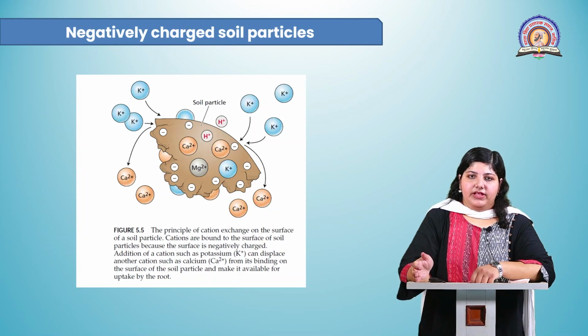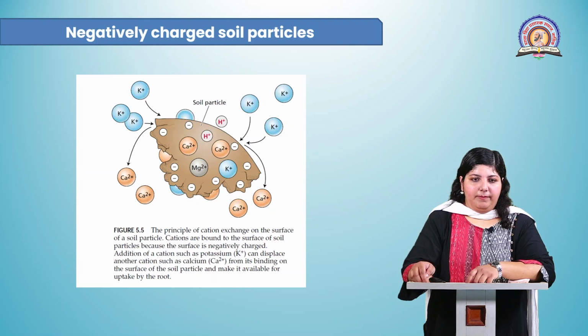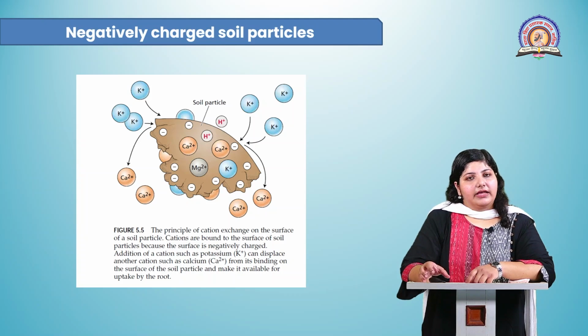You can see in the diagram on the screen that because of the negative charge on the soil particles, different types of positively charged ions can bind to that soil surface. Thus, it makes these ions available to the plants in a large amount.